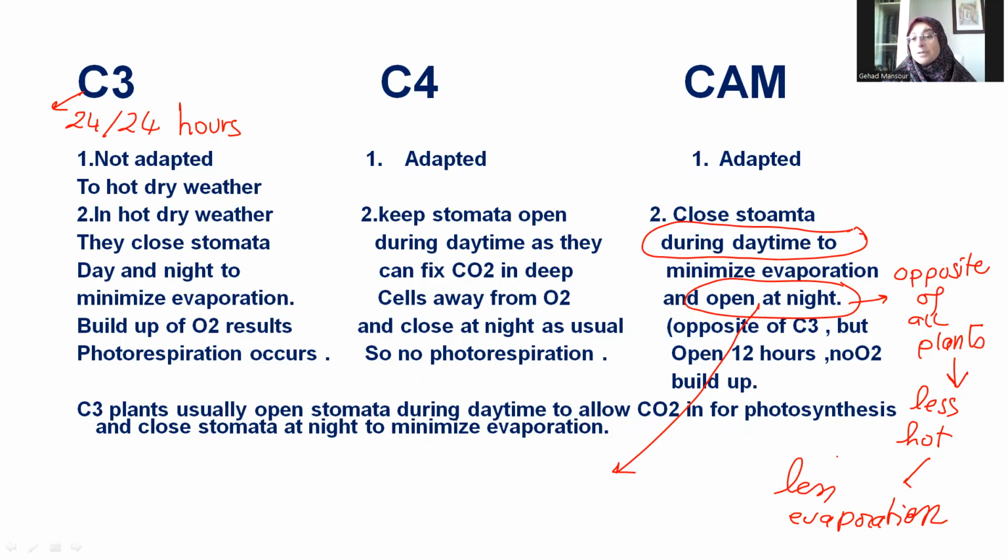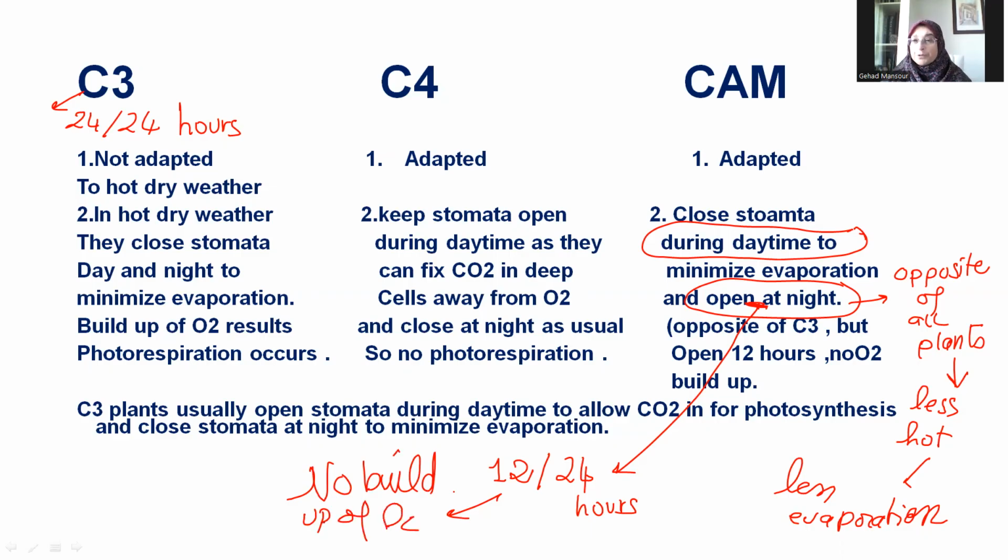It is less hot and there is less evaporation, and therefore there is no fear of evaporation. The second benefit is that when they open at night, this means that they open 12 hours over the 24 hours. So there is no buildup of oxygen and there is no photorespiration.